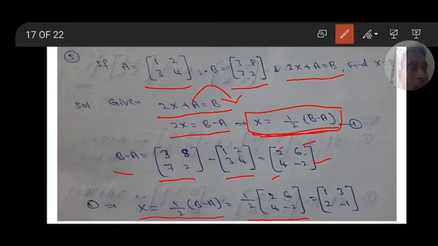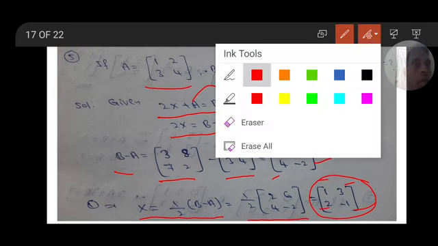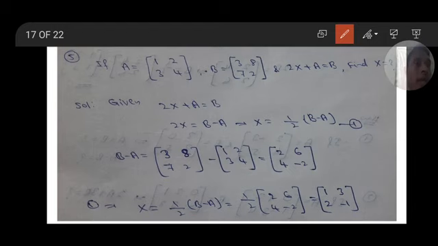Every element is multiplied with 1 by 2: 2 by 2 is 1, 6 by 2 is 3, 4 by 2 is 2, minus 2 by 2 is minus 1. That is 1, 3, 2, minus 1, the answer. Here we calculated X. Next problem.